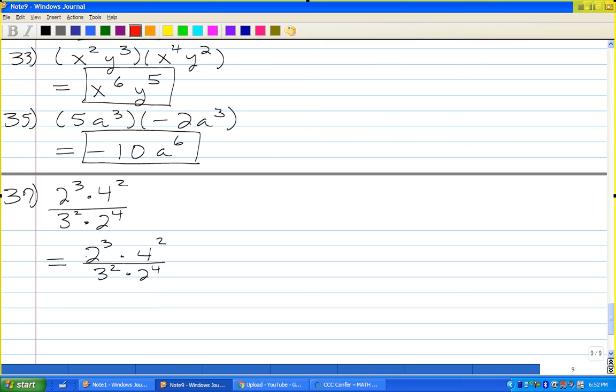So I have 3 2's. I cancel 3 of these 2's. Only 1 2 remaining. So this is equal to 4 squared, 16, over 3 squared, 9, times 2. 16 divided by 2 is 8. So your answer is 8 over 9.